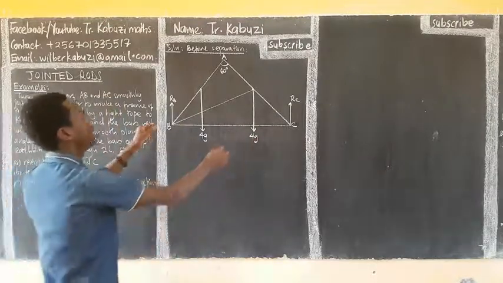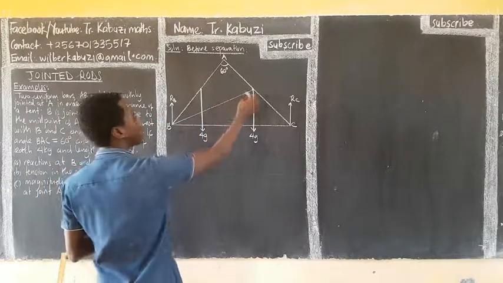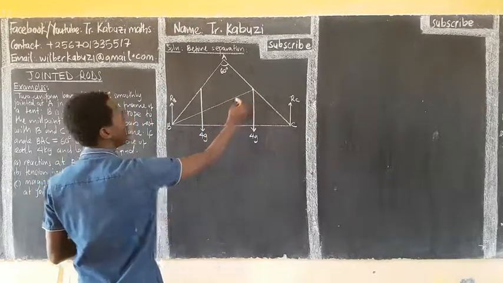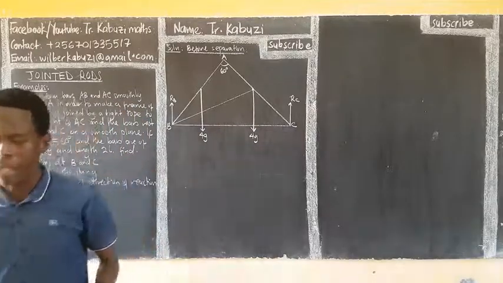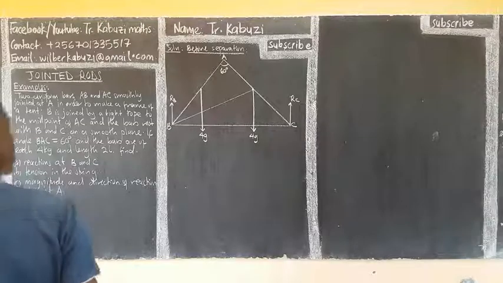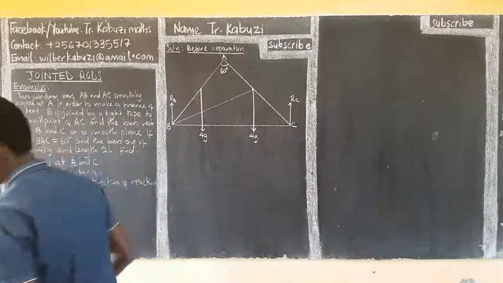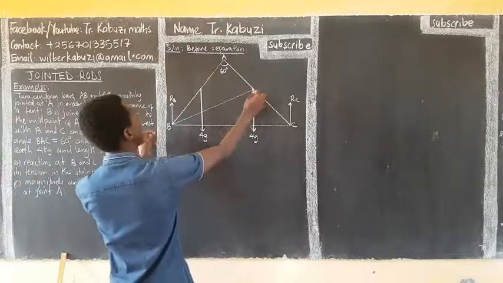Now, because this tension is pulling this side, it means that our tension is going to be on the side. So it means that we're going to have tension there. Let me show you that example here. Anyway, because we have tension, it's going to be pulling this side.